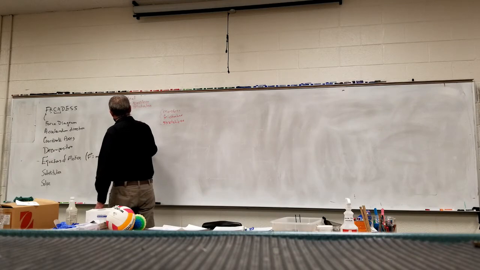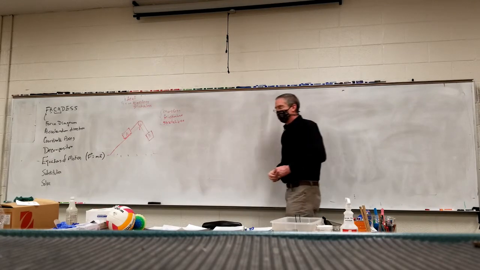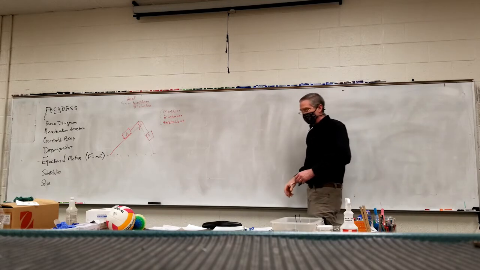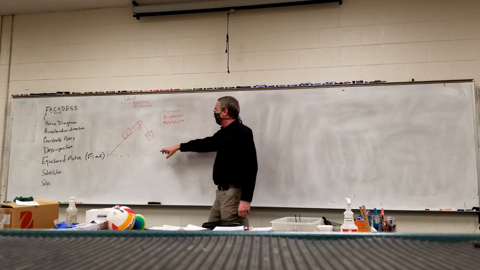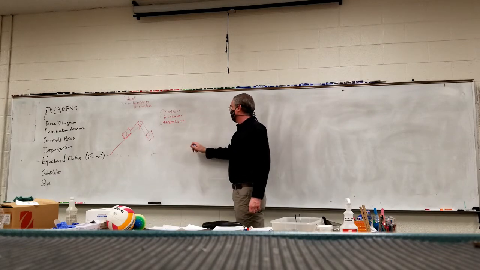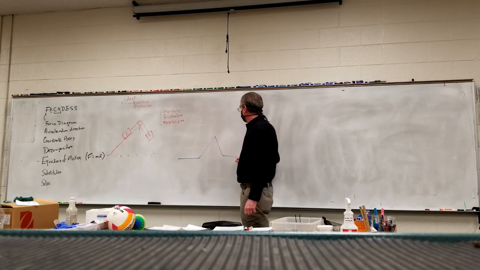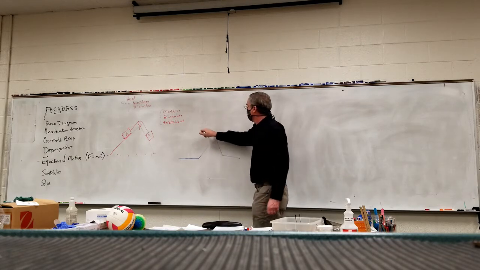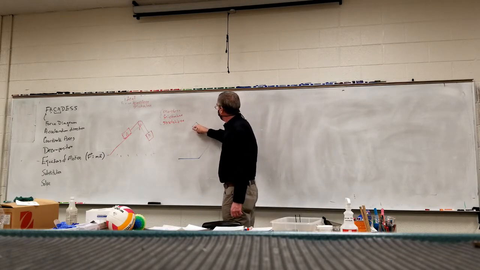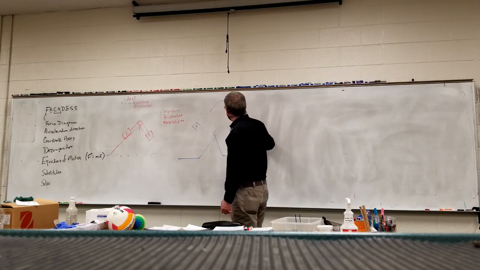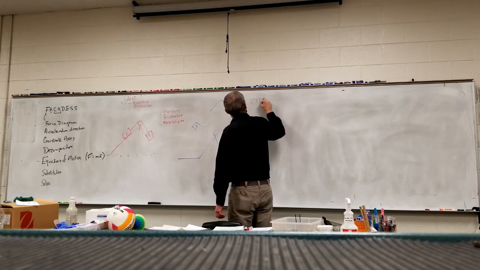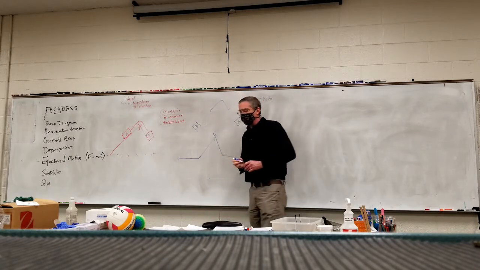Please don't confuse my sloppy drawing with something that's very special. Both boxes are touching the ramp. I'm treating the box and the ground as one thing, and the pulley. So let's draw that. So I've got one object, A. I want to do friction last.